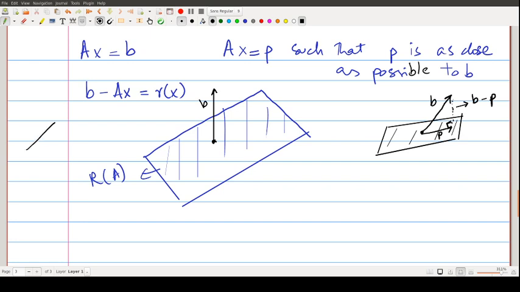You can figure that out using vectors. For example, if this is B, and you want to do B minus P, then that's simply putting a minus P over here, and B minus P is going to look something like this. So the idea is I want B minus P. It looks like B minus P is going to be orthogonal to P, but B minus P is also going to be orthogonal to this entire space, this range of A, so to speak, right?